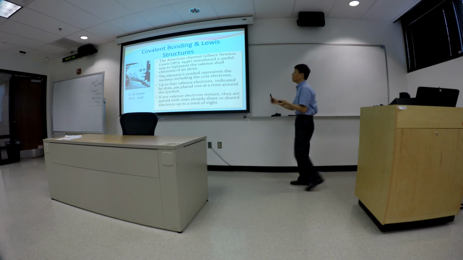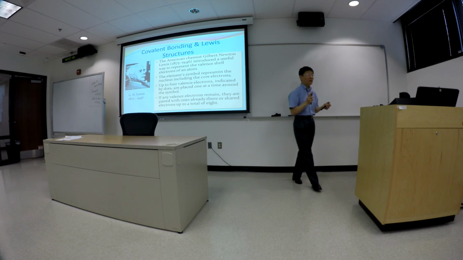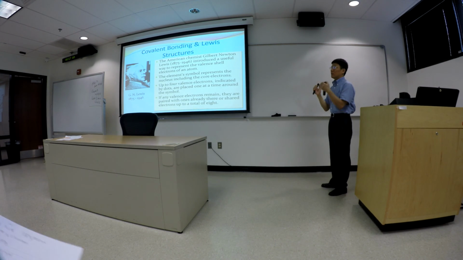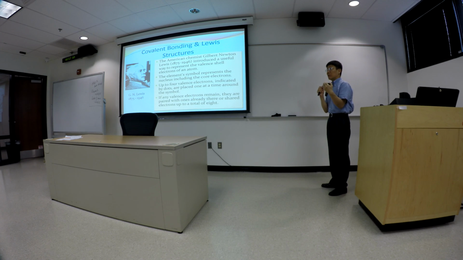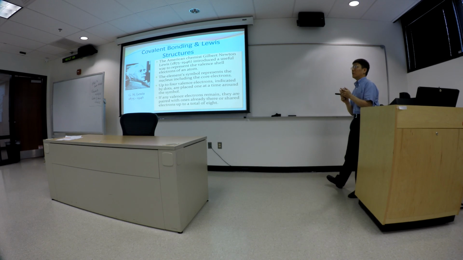So for a Lewis structure of an individual atom, the proposal he gave is that when you write the chemical symbol of the element down, C for carbon, H for hydrogen, that symbol represents the core electrons and everything else in the atom except the valence electrons.